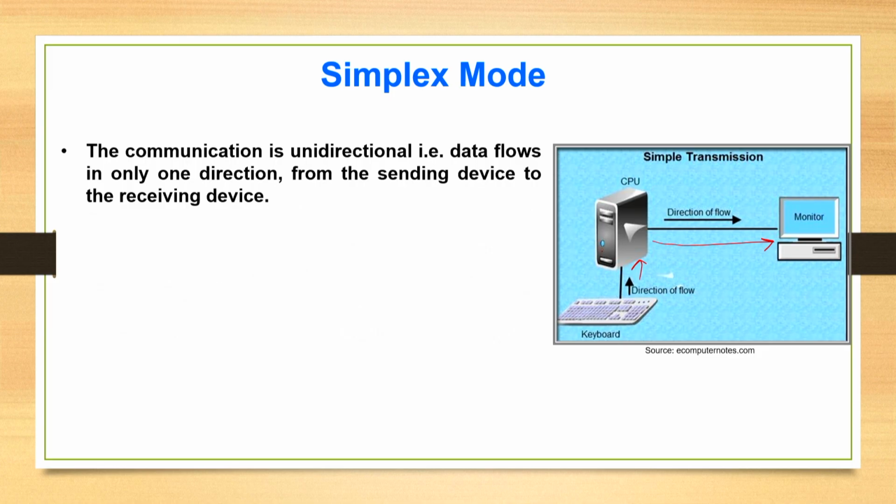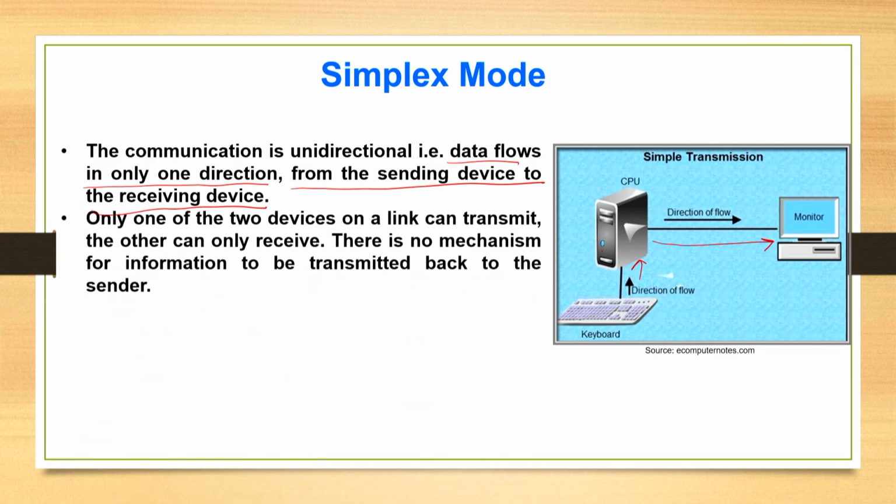So what is there in the simplex mode? The communication is unidirectional. Unidirectional means data flows in only one direction, from the sending device to the receiving device, but not backward.